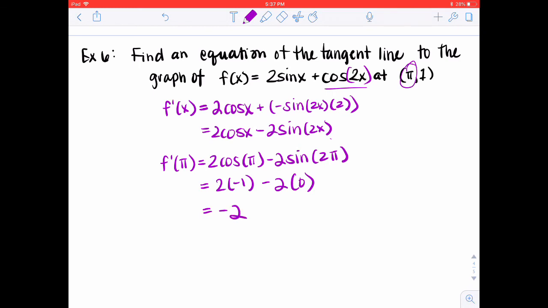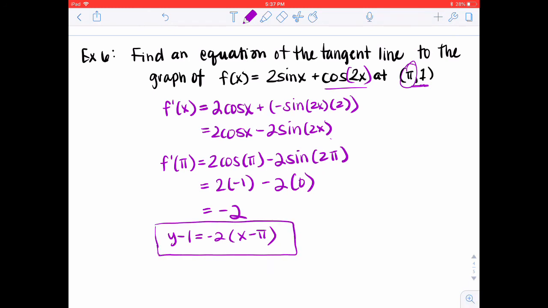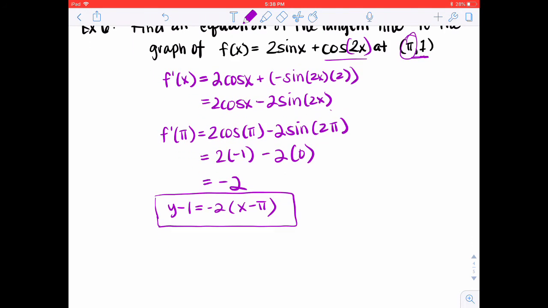So plug that into our point slope form, and y minus 1 from our point up here, so y minus 1 is equal to -2 times x minus pi, and you could totally leave it like that. You don't have to change it. This is an acceptable answer, and I'm okay with that as well. So if you do that on a test, I'm perfectly okay with this answer here, and I believe the AP test is also.